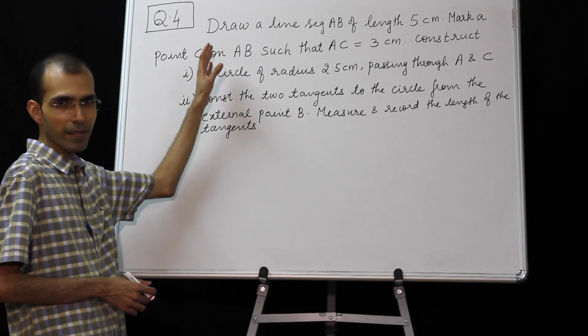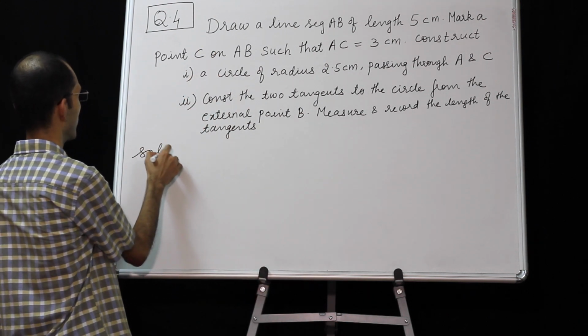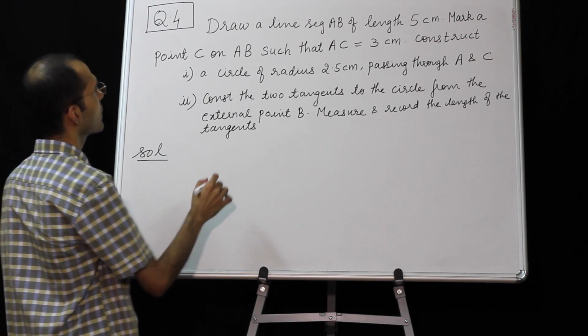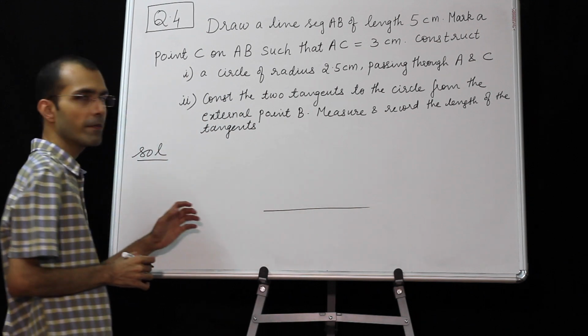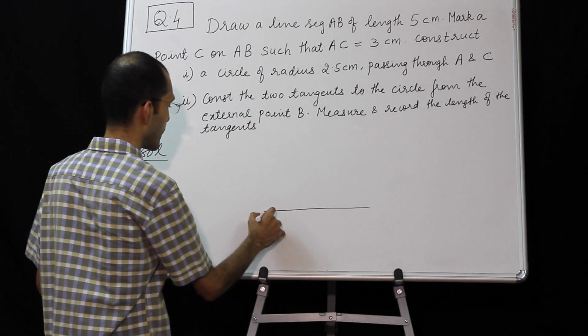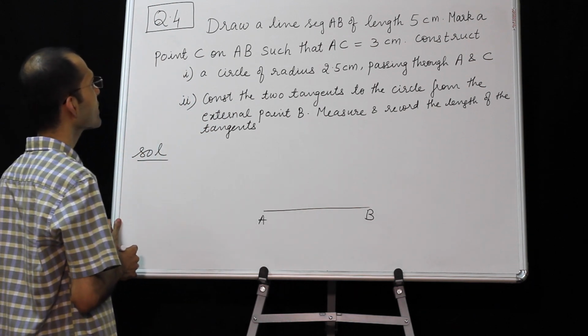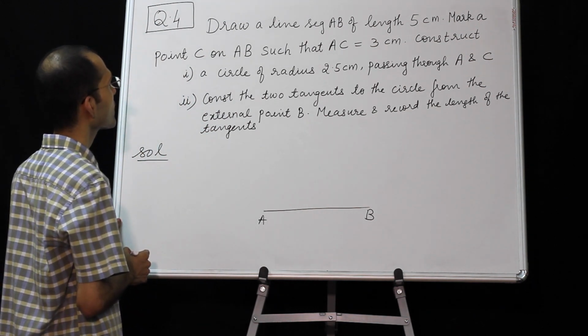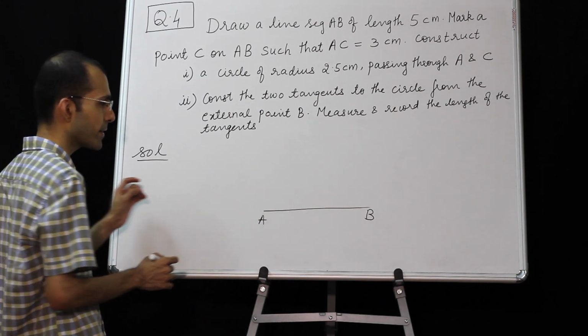So let's first execute that. Line segment AB is 5. The opening segment we can draw directly, 5 centimeters. Mark a point C on AB such that AC is 3. So C has to be marked on AB itself.